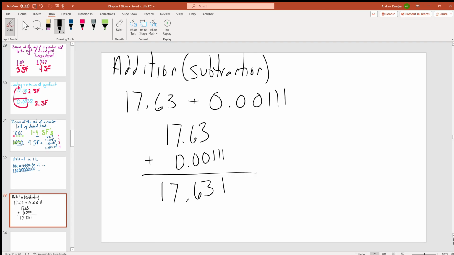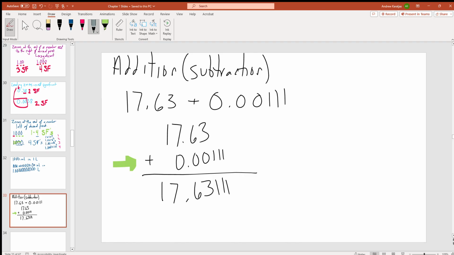If we just add them the way it looks, we're going to get 17.63111. Now, the accuracy of that answer matches the accuracy of our second number. But our first number was a lot less accurate. And so we're now showing a higher degree of accuracy than what we started with in this answer.